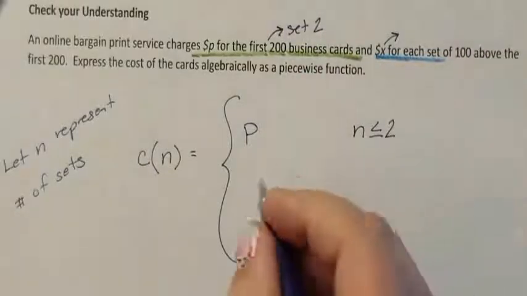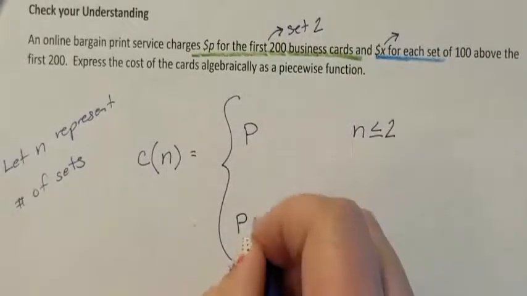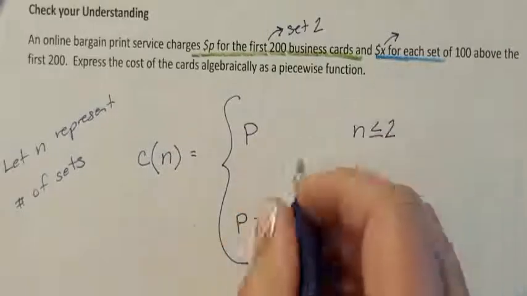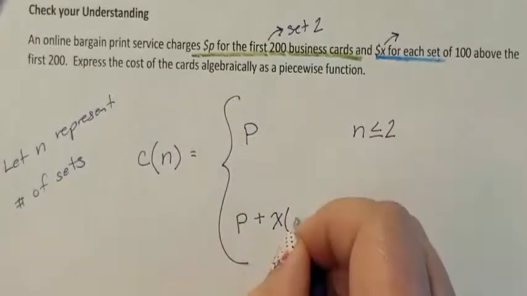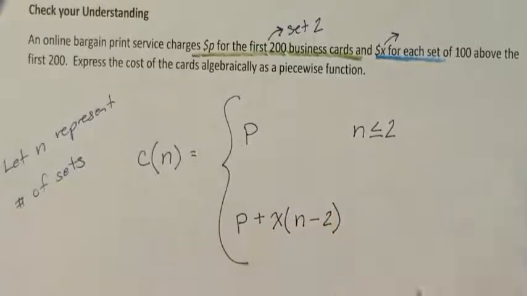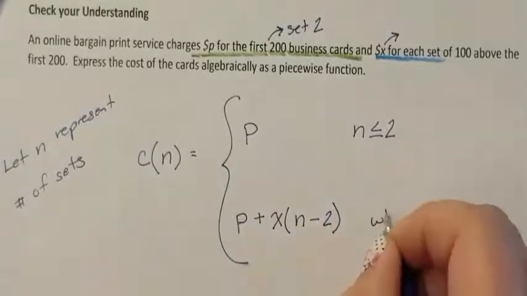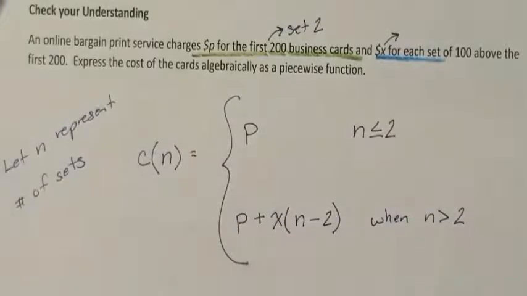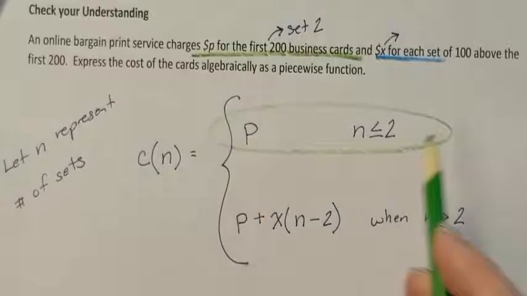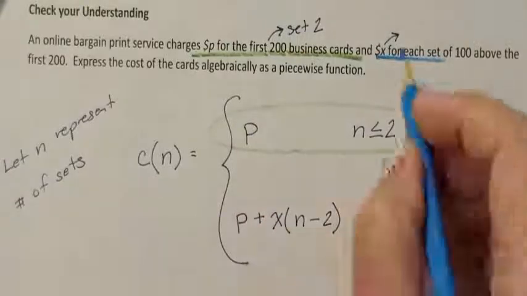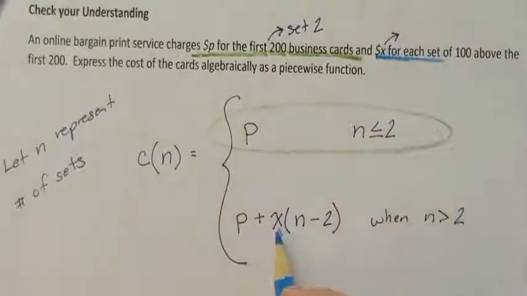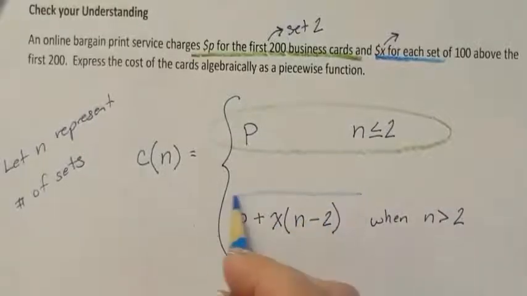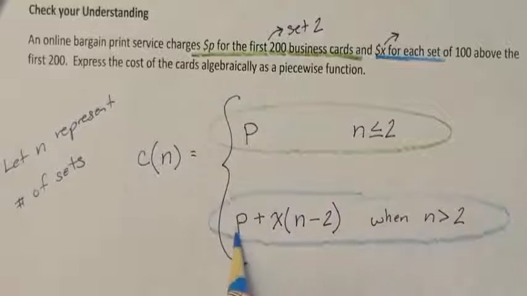So I have to pay the price of P, but then I'm going to be charged X dollars for every set that I bought after the 2 sets. So this was when I was purchasing more than 2 sets. It's only P dollars if I buy up to 2 sets. If I buy more than 2 sets, they're going to make me pay an additional X dollars for everything after the 2. So this was saying, here's the 2, and then for everything after the 2, you have to pay this much.